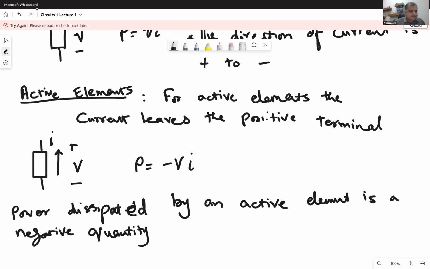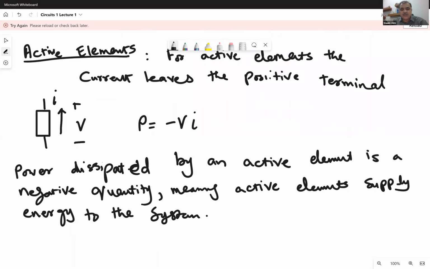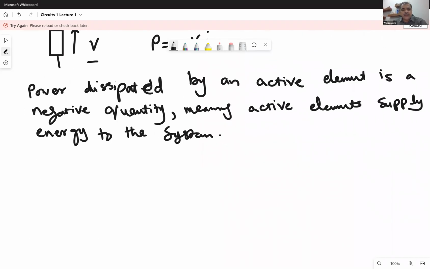Okay, so that's the basic description and definition of an active element.